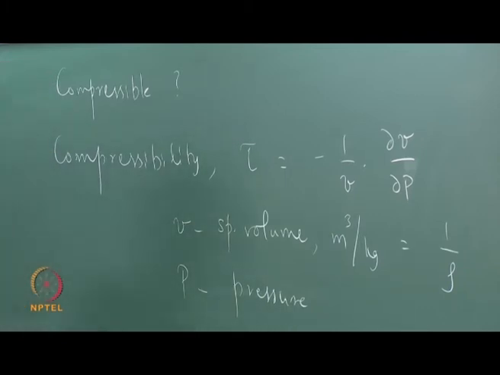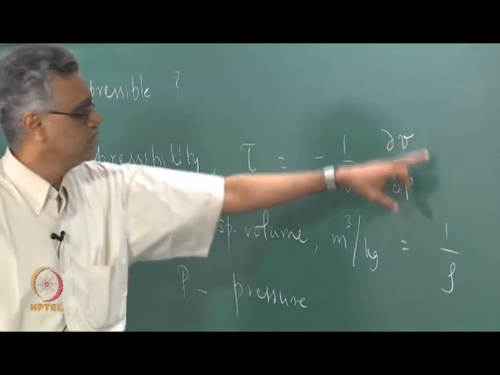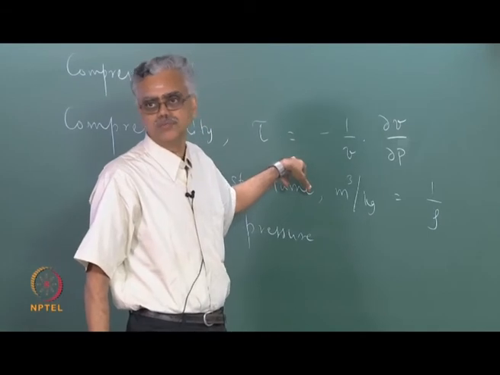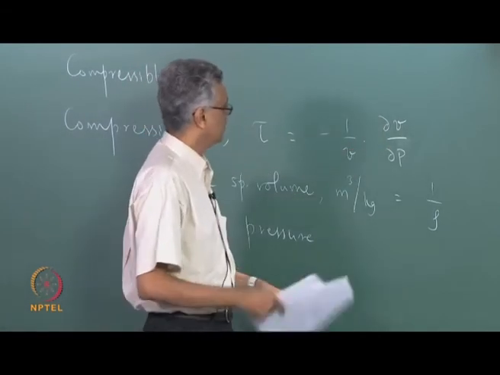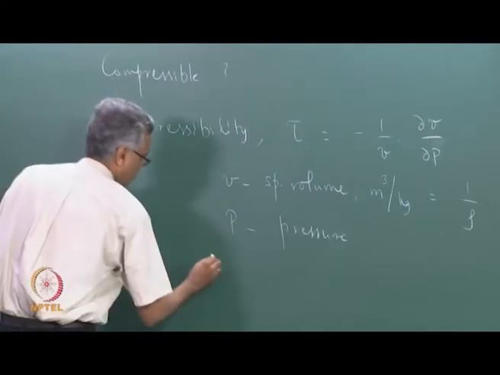So this is how compressibility is defined. Since this derivative is negative, the negative sign ensures that compressibility is a positive number. Okay.